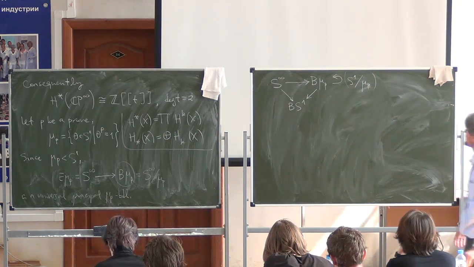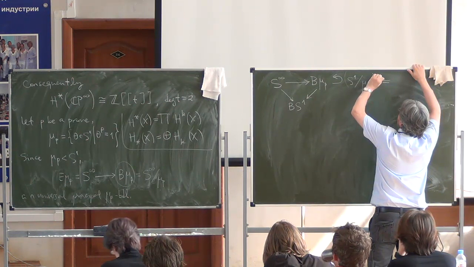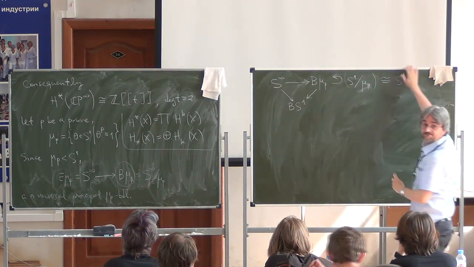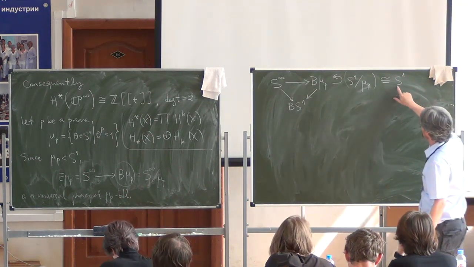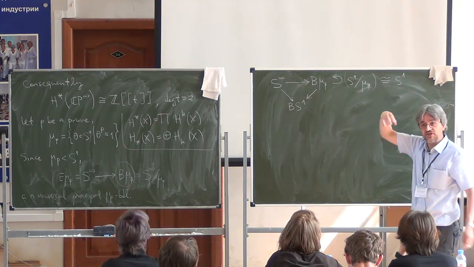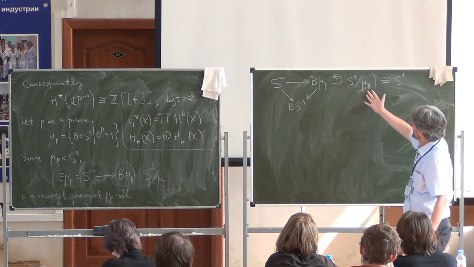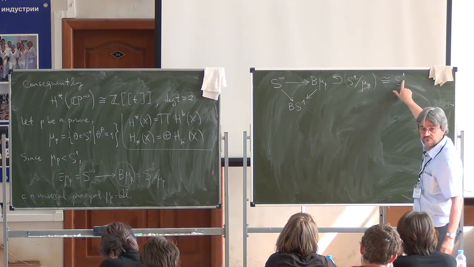Now, this group can be identified with S1. You simply consider the map from S1 to S1, raising each element to the pth power, and this descends to an isomorphism between this guy and this one.